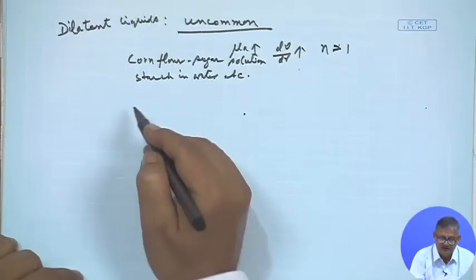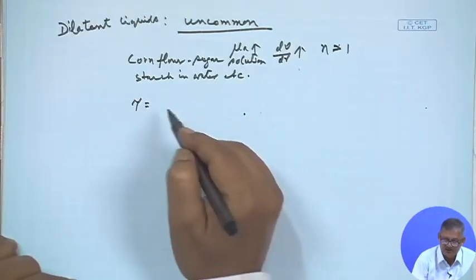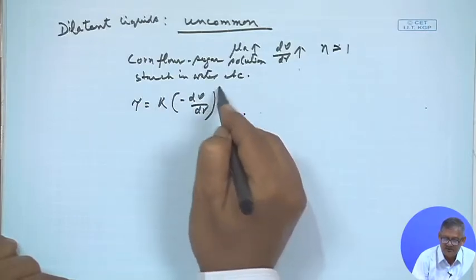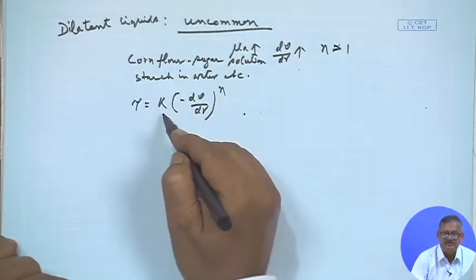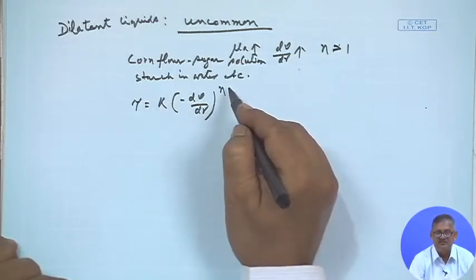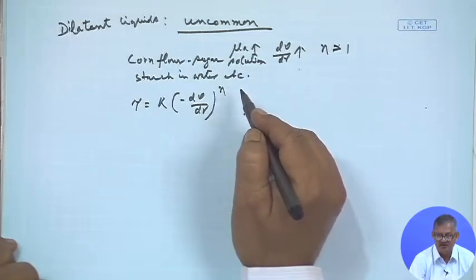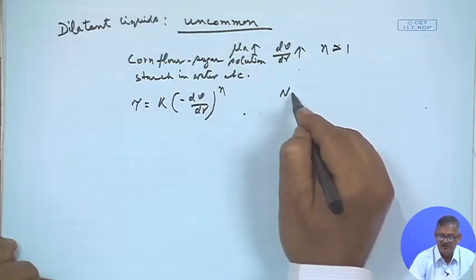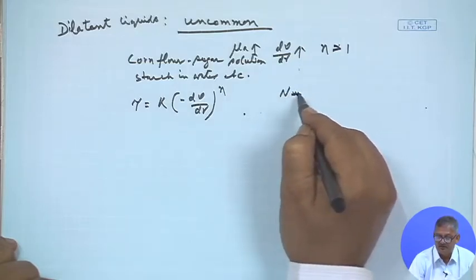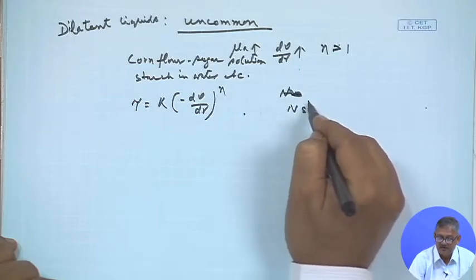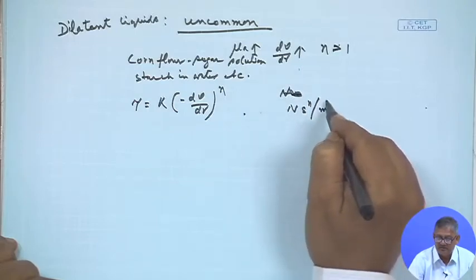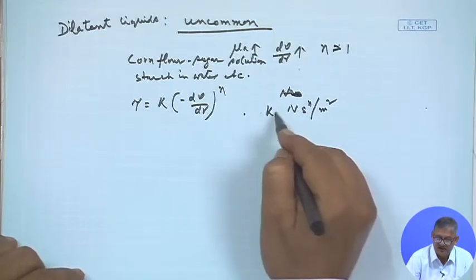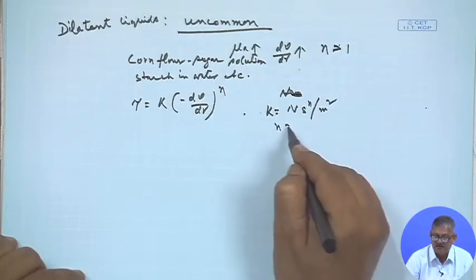You remember we had said the power law equation was k into minus dV dr to the power n, where k was the consistency coefficient and n was the flow behavior index, right. And the unit of this k was Newton second to the power n per meter square, right. So, this was the unit of k, and n is a constant.